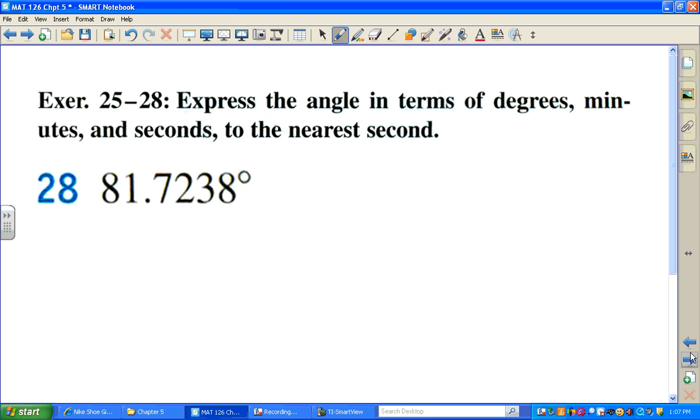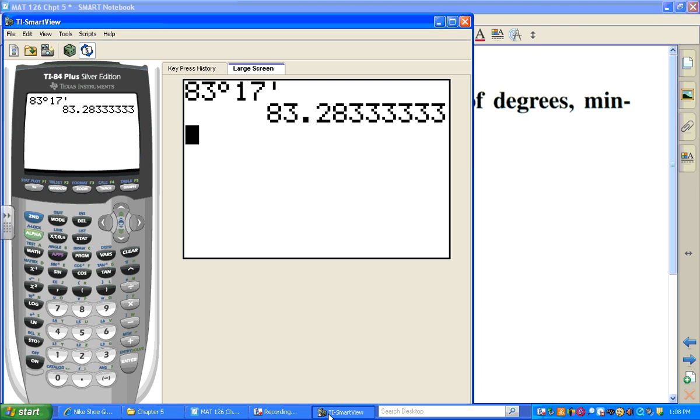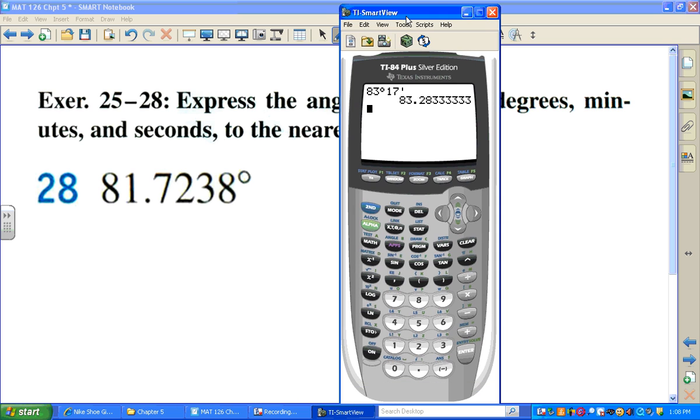What's this in degrees, minutes, and seconds? Hopefully you'll never forget what these buttons are after today. And no, I will not help you during a quiz or test of where the buttons are. 81.7238 second angle DMS.